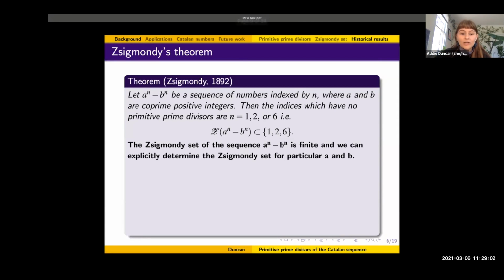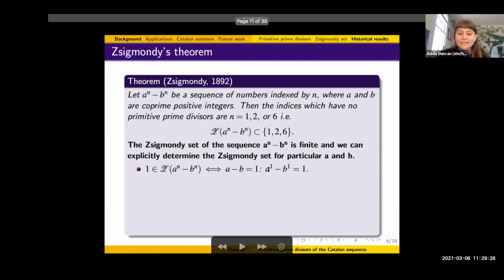And moreover, Zsigmondy goes on to state explicitly for which a and b the Zsigmondy set takes each form. This is actually a pretty good way to illustrate what we're thinking about here. Zsigmondy's theorem says that 1 is in the Zsigmondy set if and only if a - b is 1.